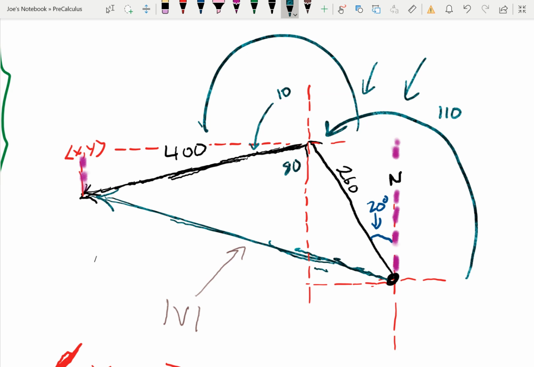Okay, now here are all the calculator tricks. Go down to the STO button, right above the on button. Hit store, and it'll store whatever your answer is. Since it's my horizontal component, let's store it in the variable X. Don't worry about this, it won't change anything.